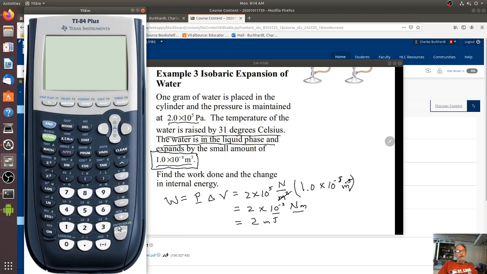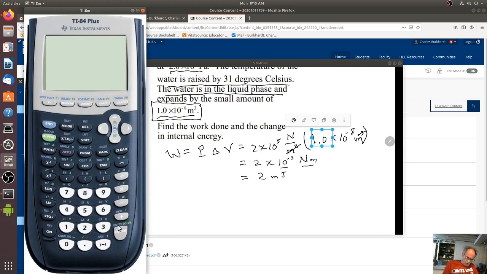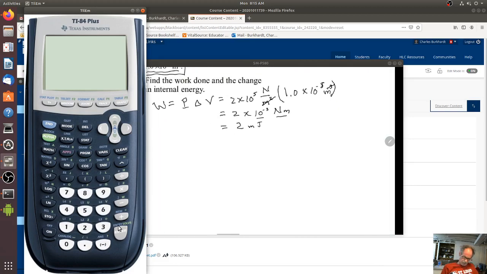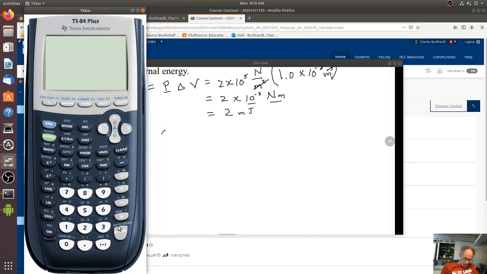Find the work done and the change in internal energy. How would I find the change in internal energy? Oh boy. Well, what do I need? I've got the first law here.